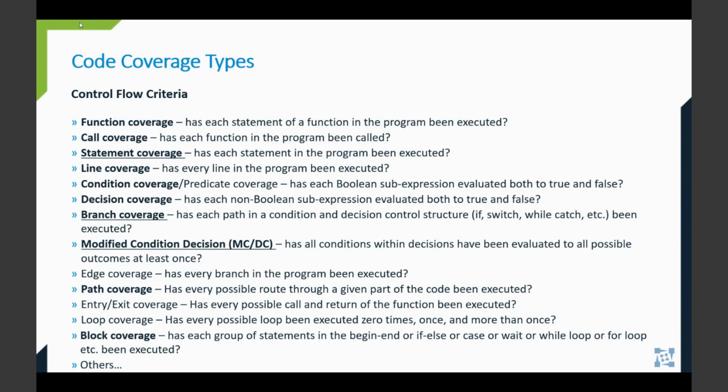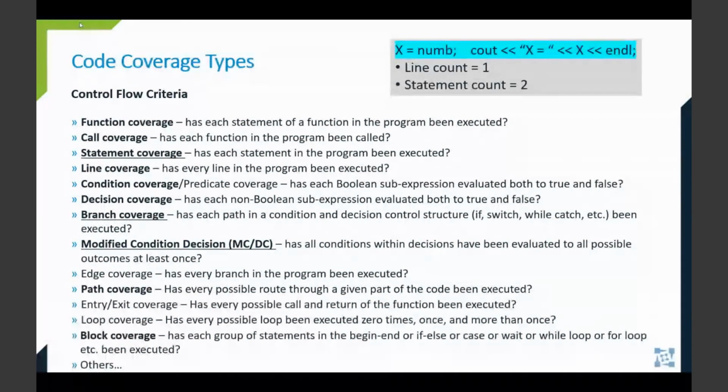The next two types are also interesting in a different way. Statement coverage determines if each statement in the application has been executed, while line coverage determines if every line of the code has been executed. So how do they differ? Well, you can imagine multiple statements on a single line of code, as highlighted in blue.